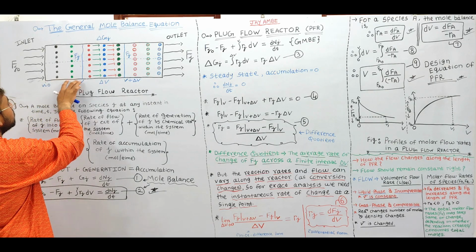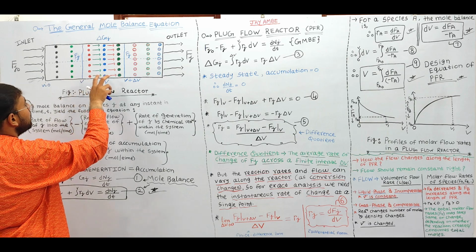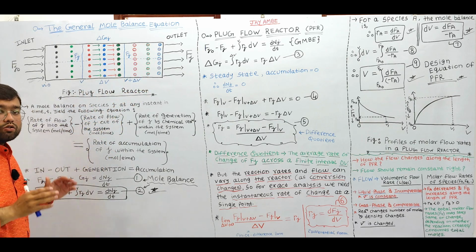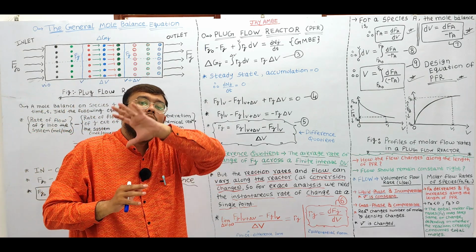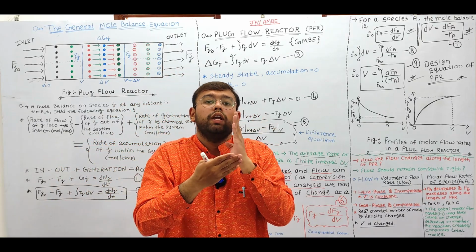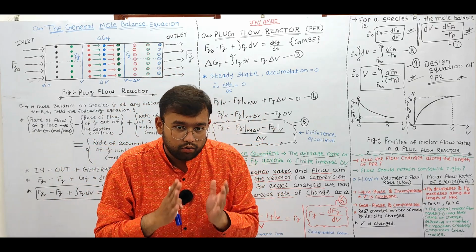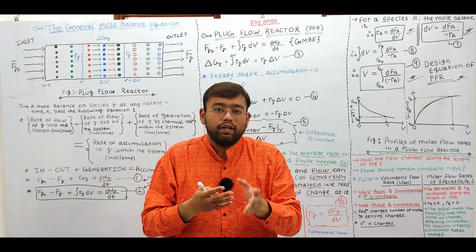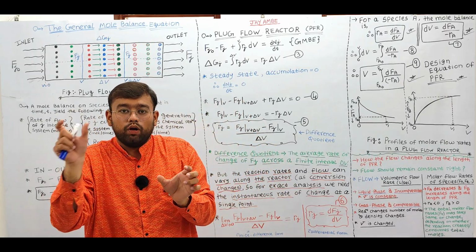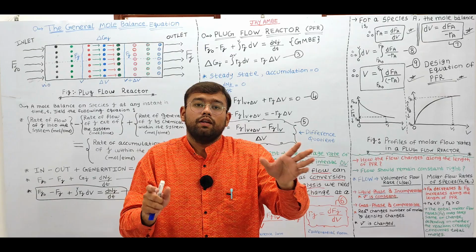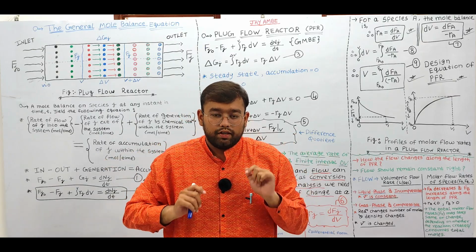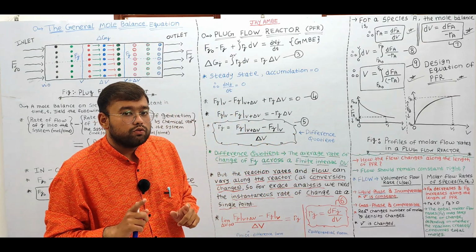So 1 liter, another 1 liter, likewise 10 times, right? So we have divided the entire reactor volume into 10 individual parts, and each part represents 1 liter. If we sum up all the parts, we'll have the total volume as 10 liters, right? I hope you have understood.